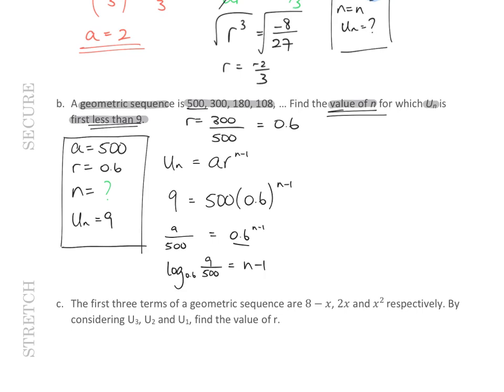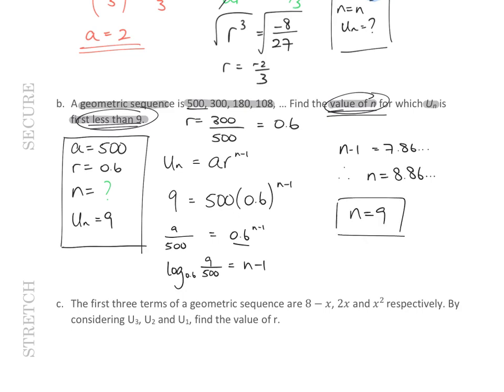Now I'm going to evaluate that. It's going to be a decimal in fact. So n minus 1 equals, so therefore n equals 8.86... So the first value of n for which it is less than 9, so n equals 9.